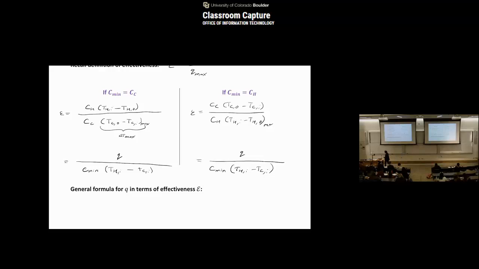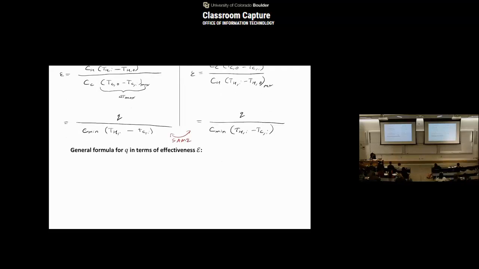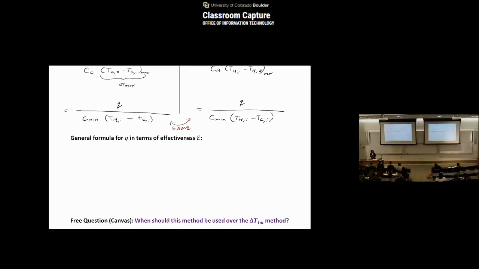So that means we can write out a general formula for Q in terms of effectiveness epsilon by doing a little rearranging. Our final equation is going to be Q is equal to epsilon times C sub min times T hot inlet minus T cold inlet.